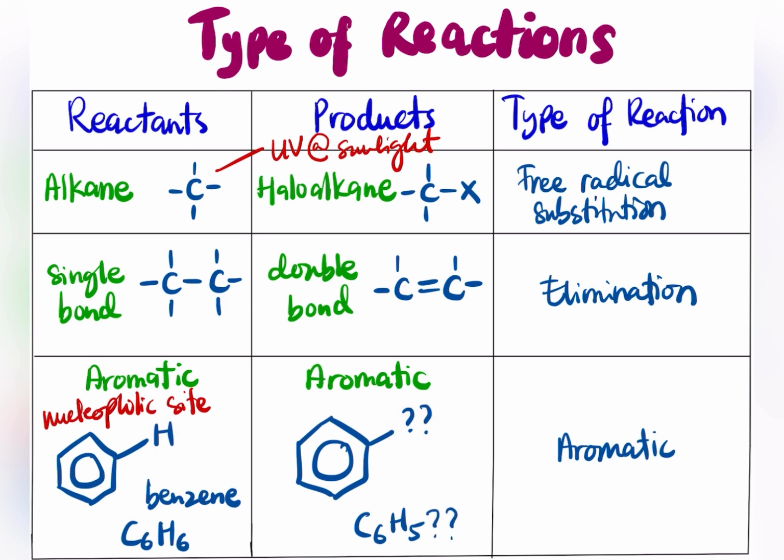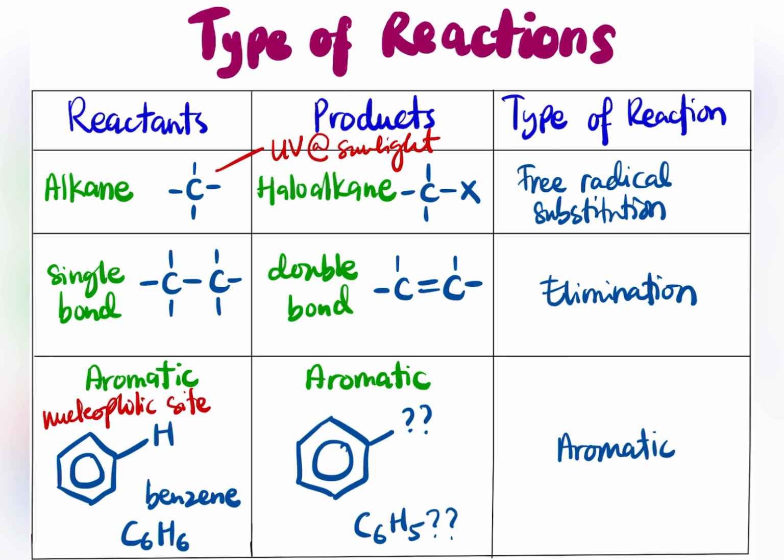So I put it as a question mark here. So from here we know that this is a nucleophilic site and the nucleophilic site will attack an electrophile. So at your product you can see these groups or atoms attached here are considered as electrophile.